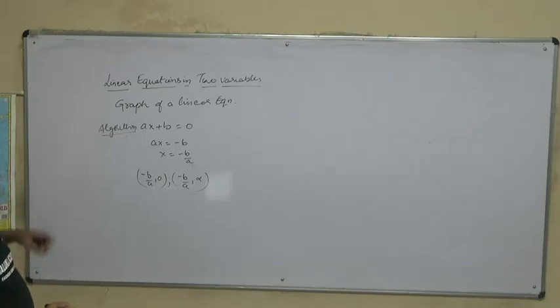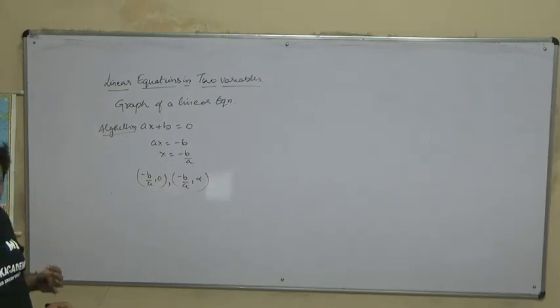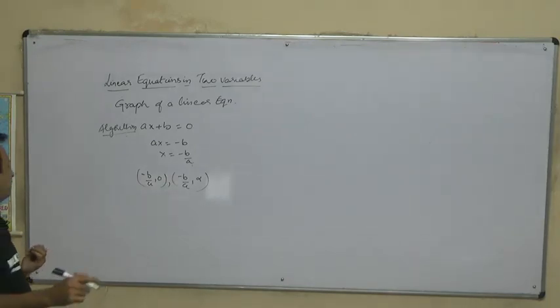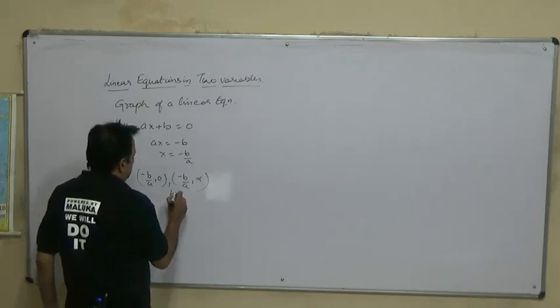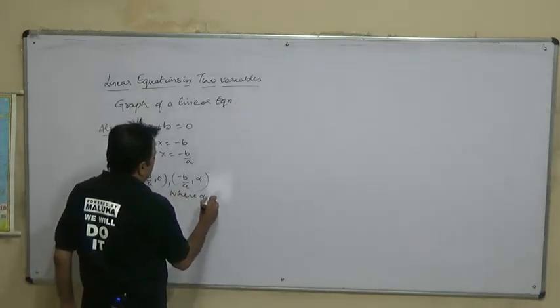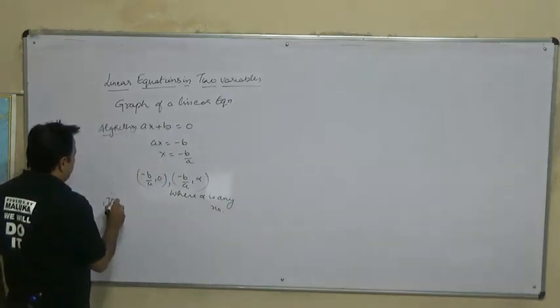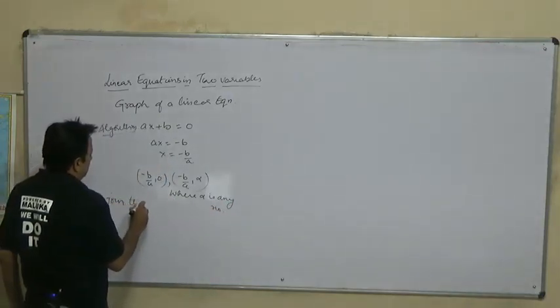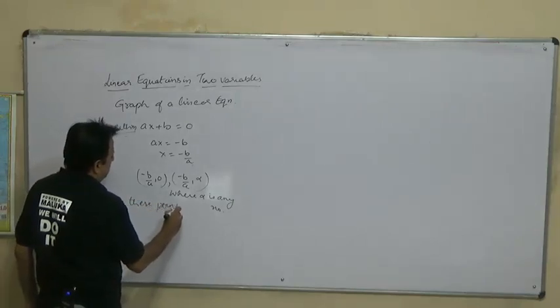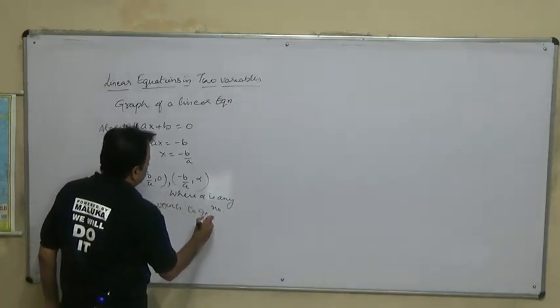We first find one point where x is minus b upon a and y is 0, then we take y as 0, 1, 2, 3, or alpha, where alpha is any number. Now join these points to get the graph.